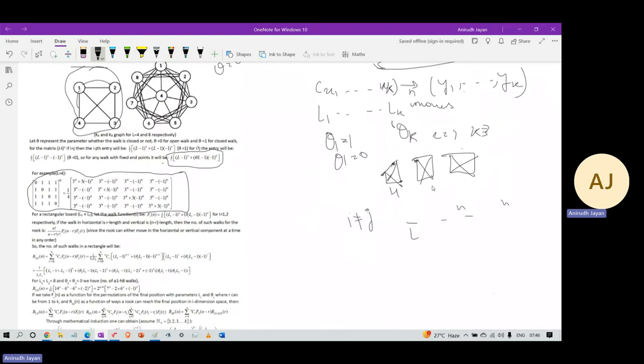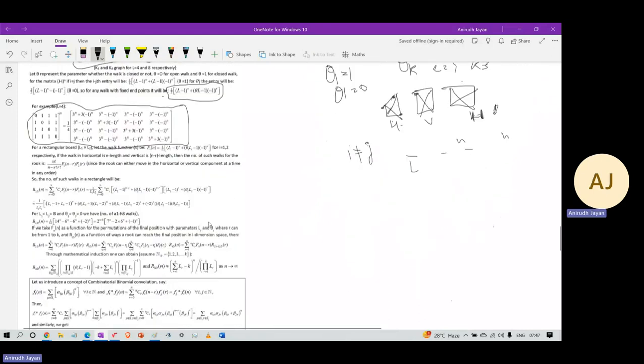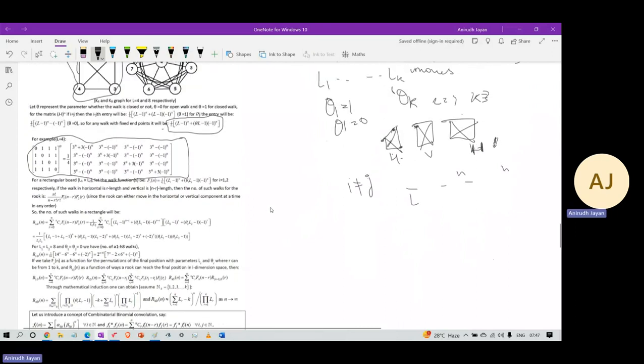So let's say left, right, top, bottom, and up, down. Each move will be in one of these components: either it will move in vertical, horizontal, or in the top and bottom. This is for K equal to 3. So this is how we will solve the problem.